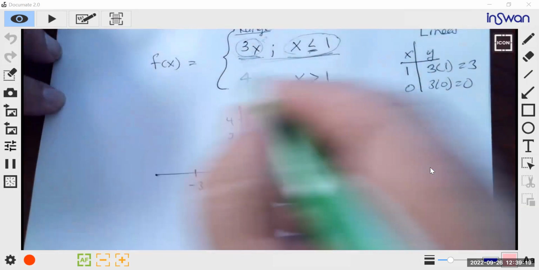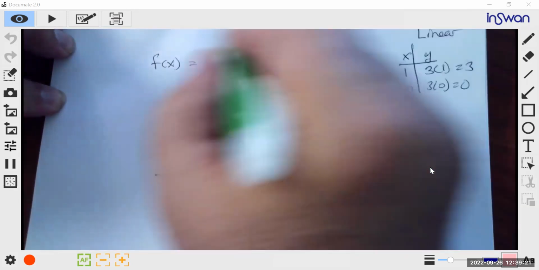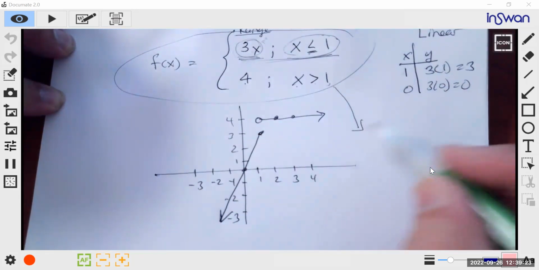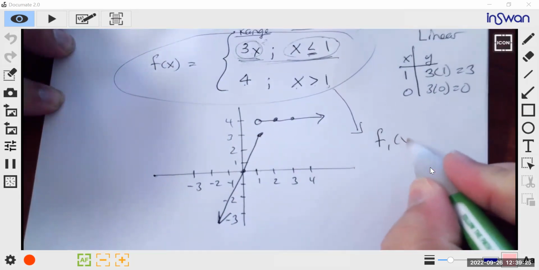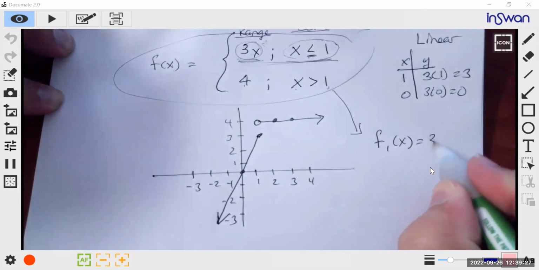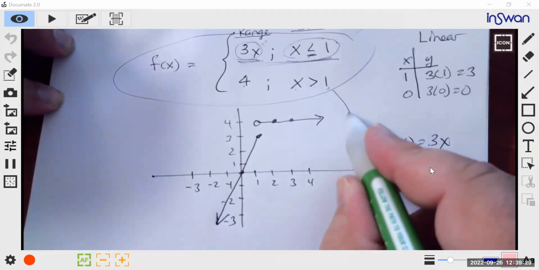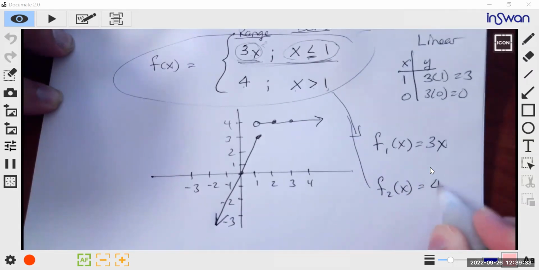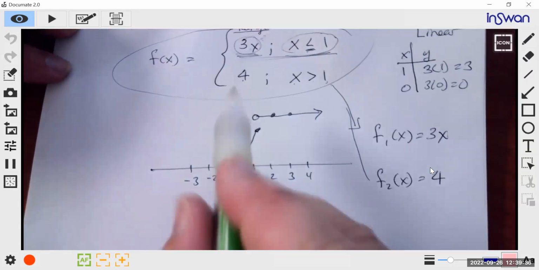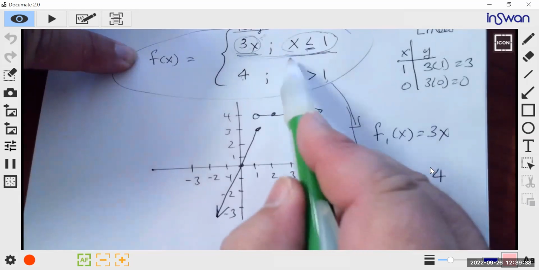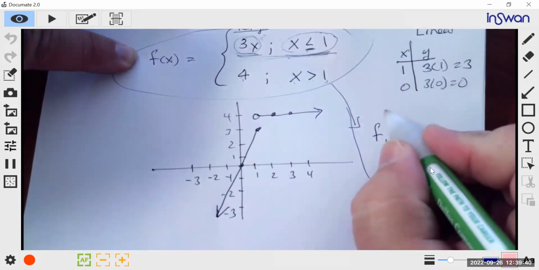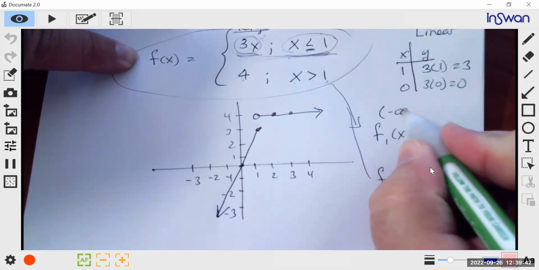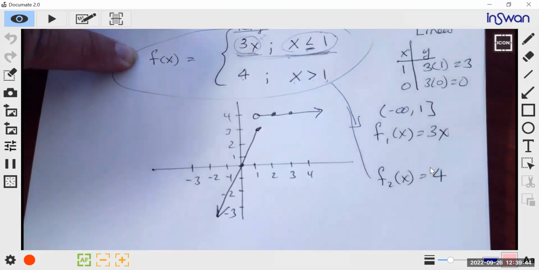Because this function here, this piecewise defined function is really this. These are the functions. This one is for any x in that domain.